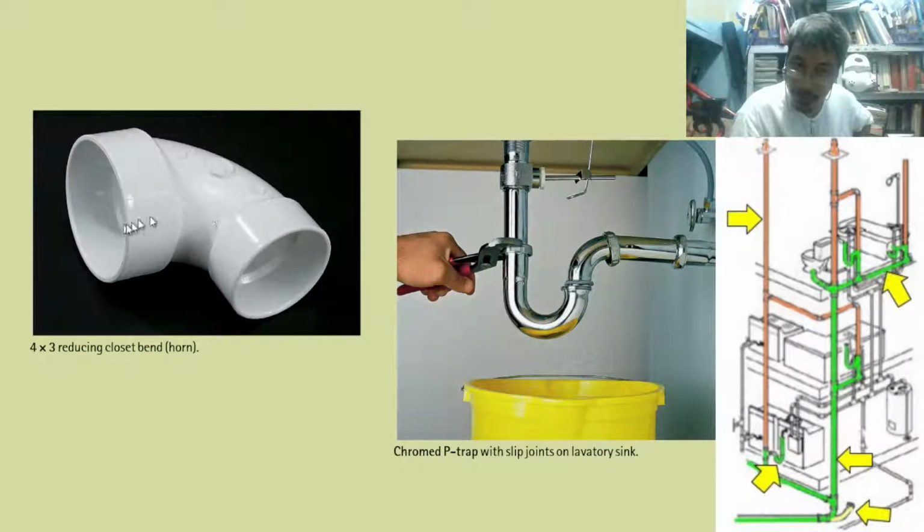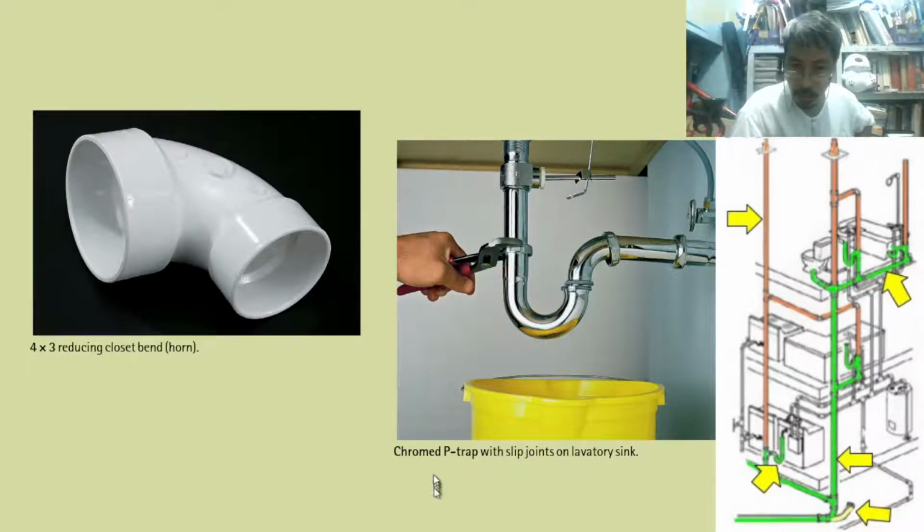It is bended like this. There is a smooth transition from this line to this line, not a 90-degree transition. There is a smooth transition in this bend connector. So, this is 3 inches. This is the 4 inches.